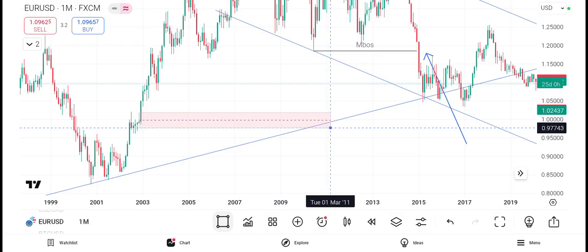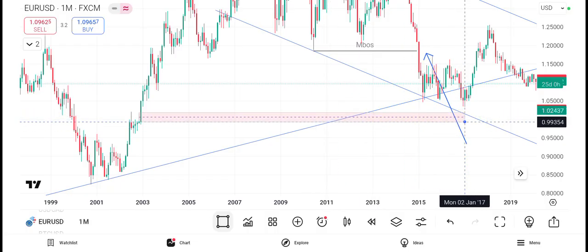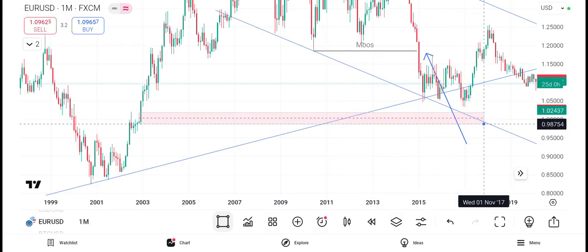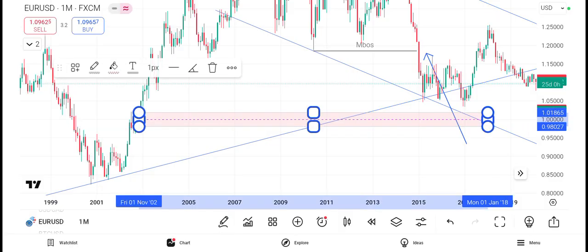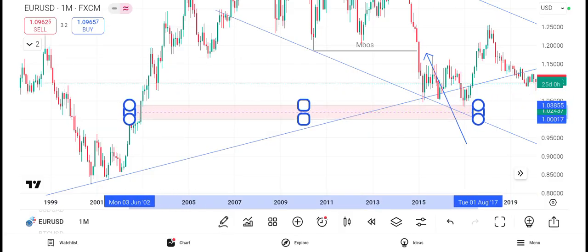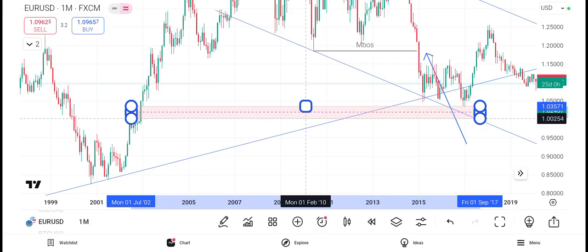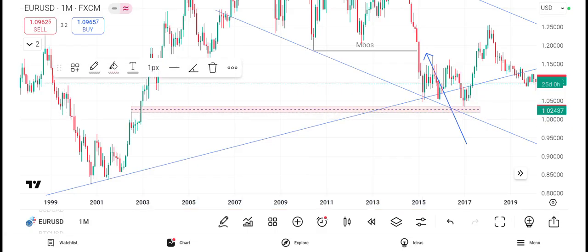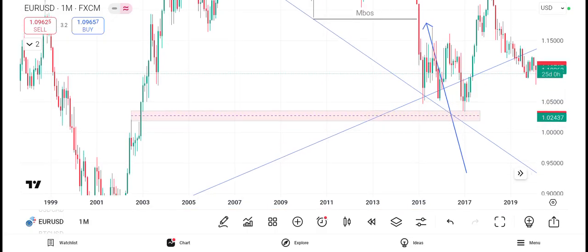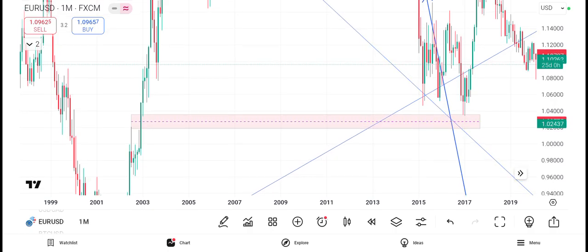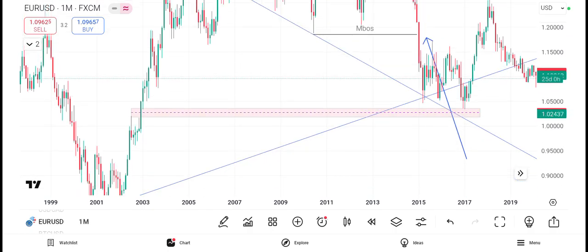Let's say this was the unmitigated other block, but price did not get to this point. Price just used the, I think, FVG.